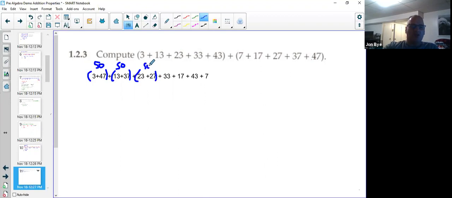I believe we have 5 of them, as you pointed out earlier, Philip. So we have 5 50s. And then we're going to group these, and we have 50. And so there are 5 of them. 5 times 50. What's the answer to 5 times 50? 250.